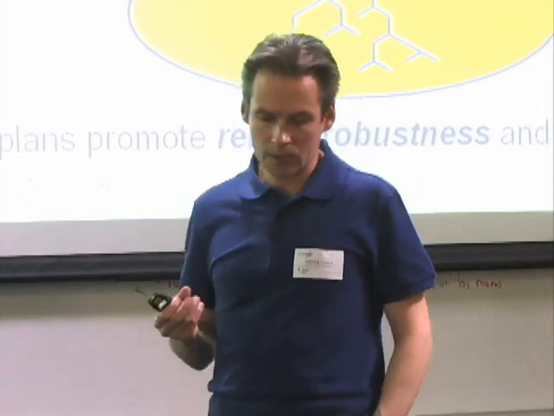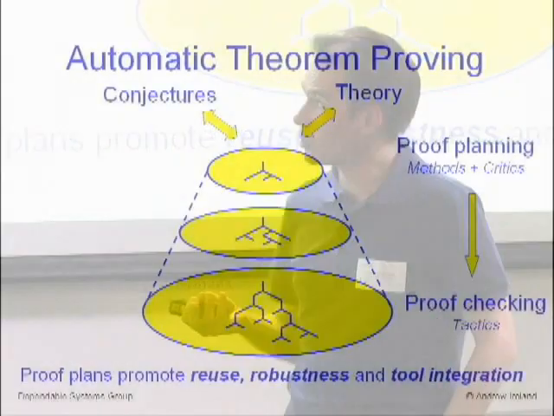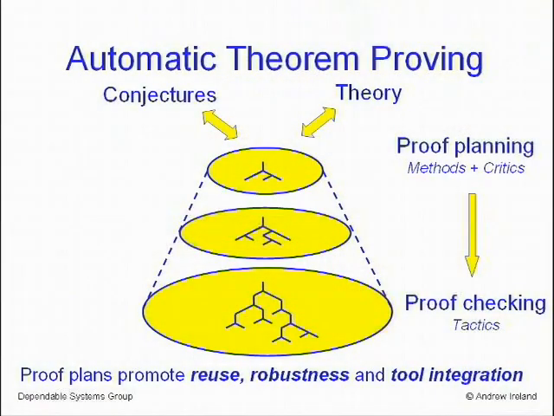The other part of the mix in terms of this project is the area where we come from, and that is automatic theorem proving, and in particular a technique called proof planning. So proof planning was invented by Alan Bundy at Edinburgh University in the late 80s, and it's been developed ever since and applied on a number of projects now.